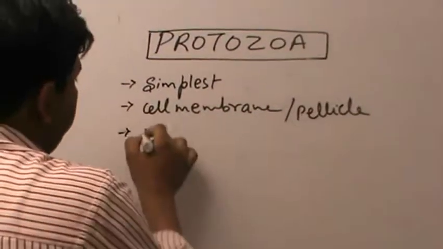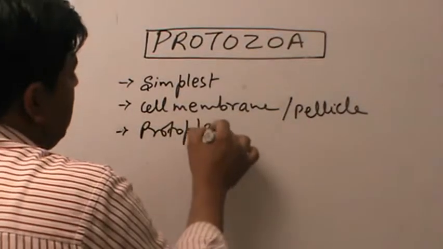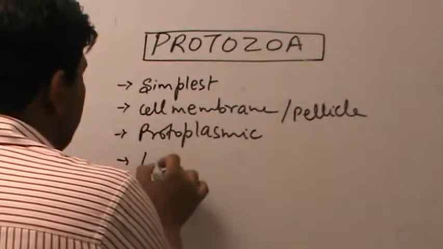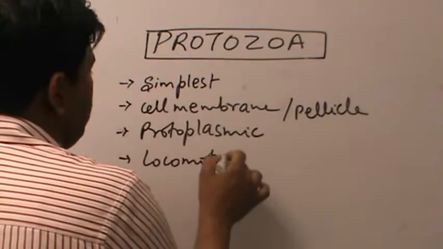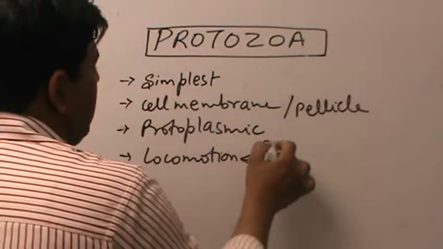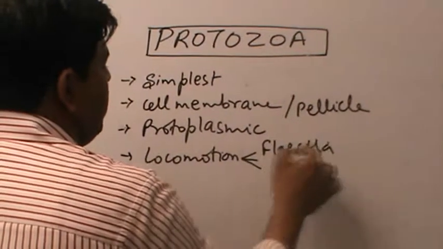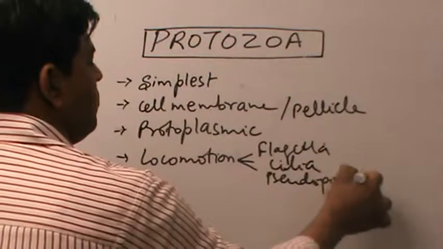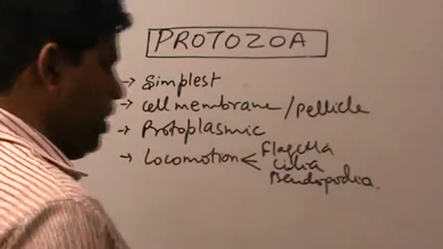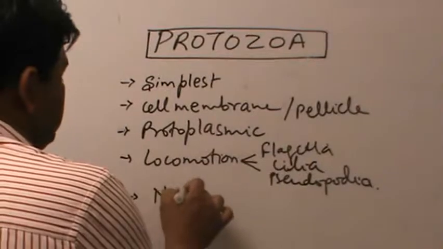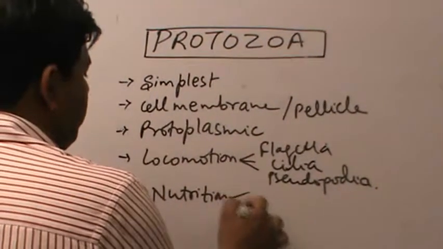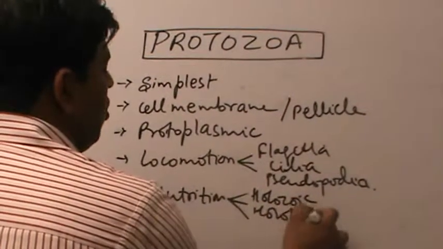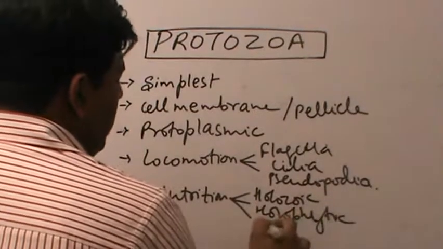Third is a protoplasmic type of body organization. Locomotion is by flagella, cilia and pseudopodia. As far as nutrition is concerned, it can be holozoic, holophytic or parasitic.